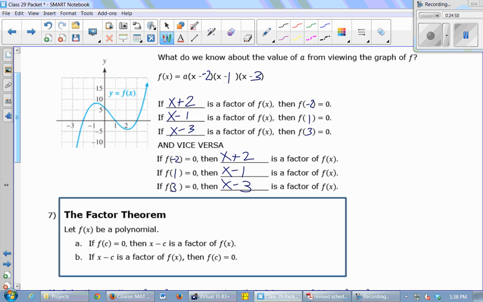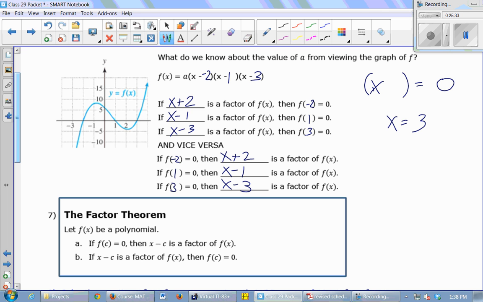F of -2? Right here? Which one? F of 3? Yeah, so think about this. If I have a factor and I set it equal to 0 and I got x equals 3 as the answer, what had to be over here on the left side of the equation?